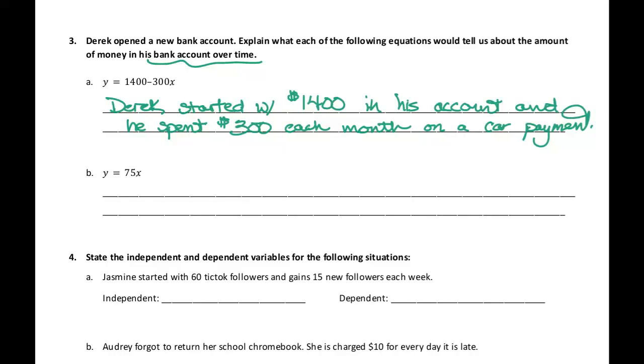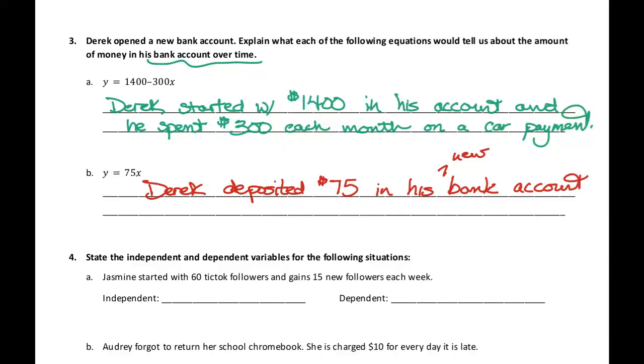What's going on there? Yeah. Derek deposited or added or something that shows a positive amount. Derek deposited $75 in his bank account, or you could say in his new bank account. Over a period of time?